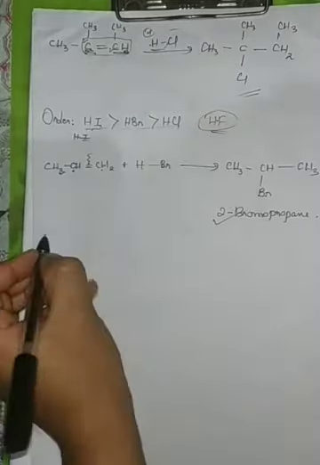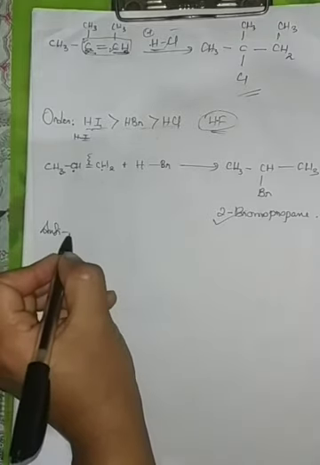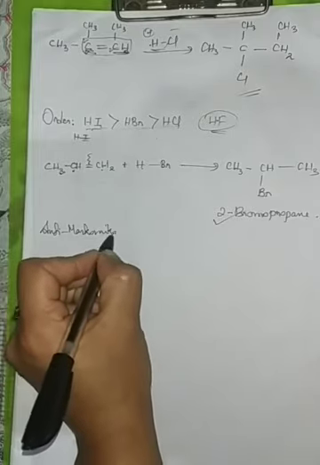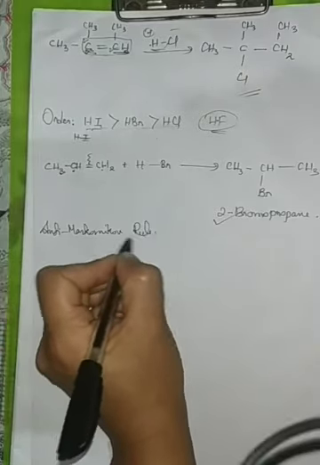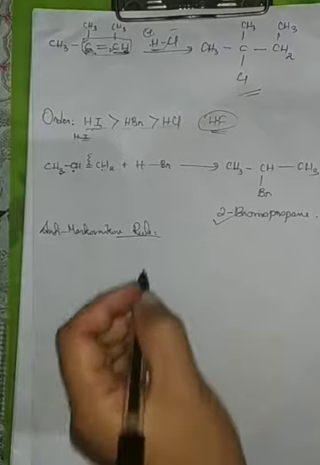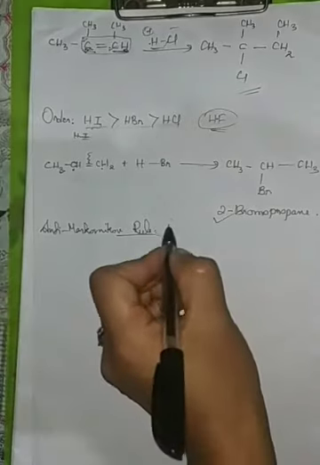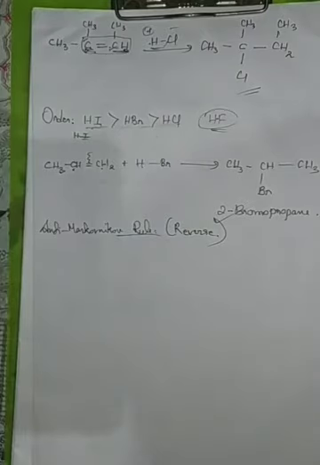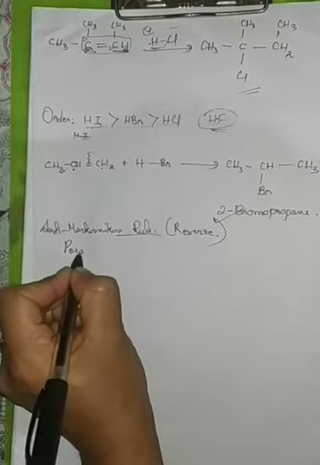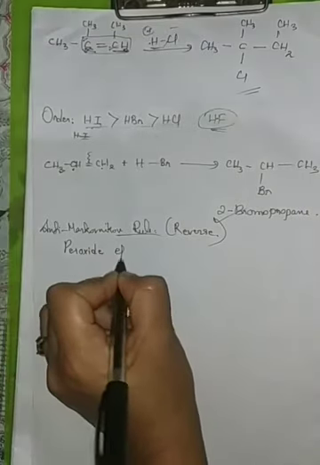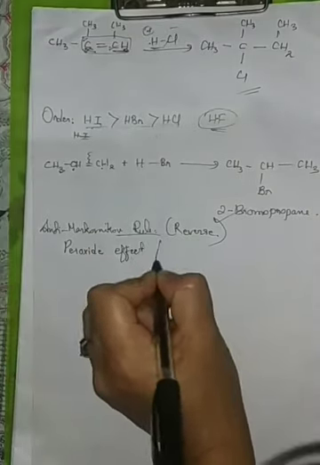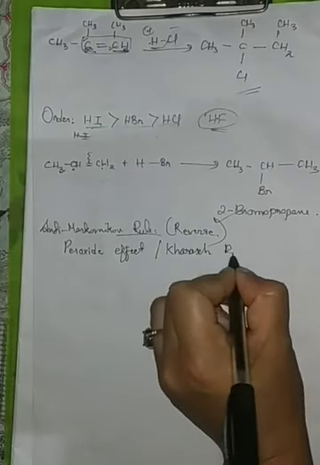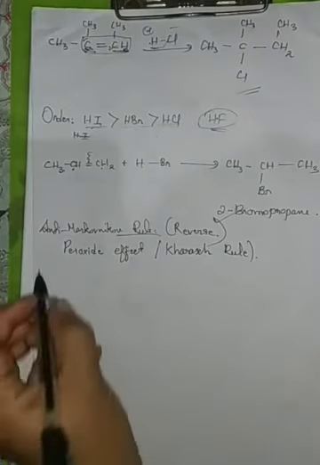Now, let's check what is anti-Markovnikov's rule. Anti-Markovnikov's rule is just the reverse of Markovnikov's rule, or it is also known as the peroxide effect, or the Kharasch rule. Now, what is this rule?